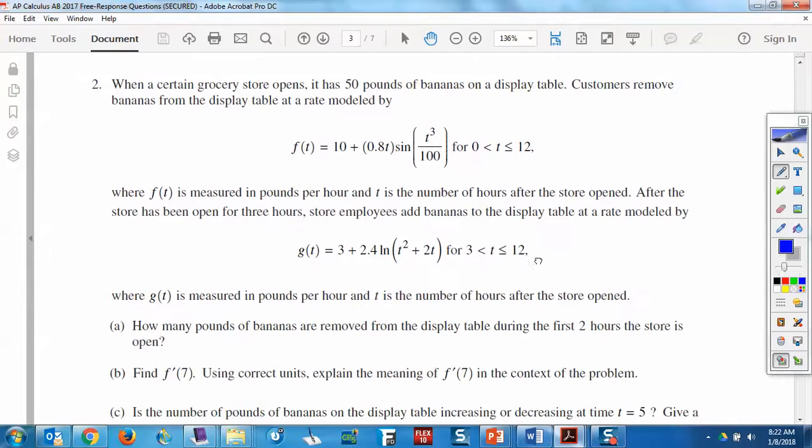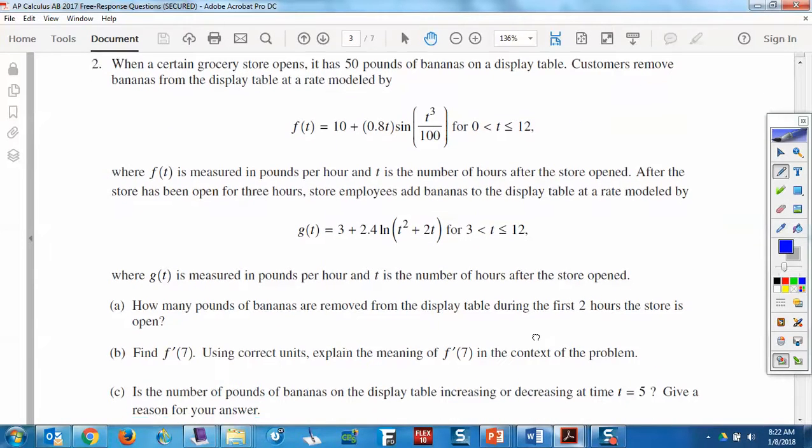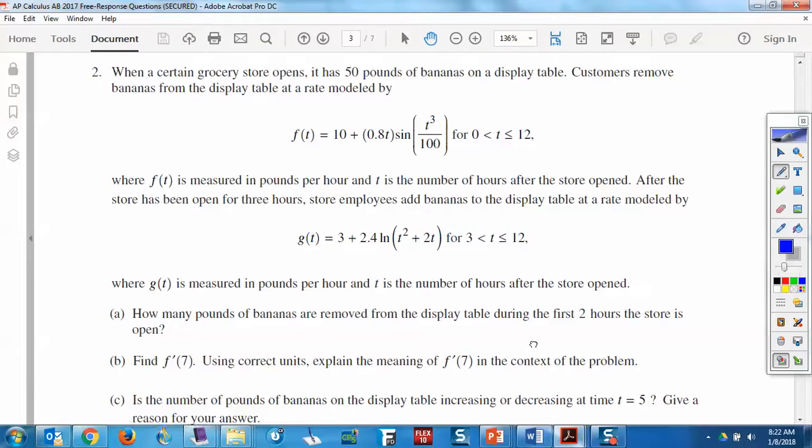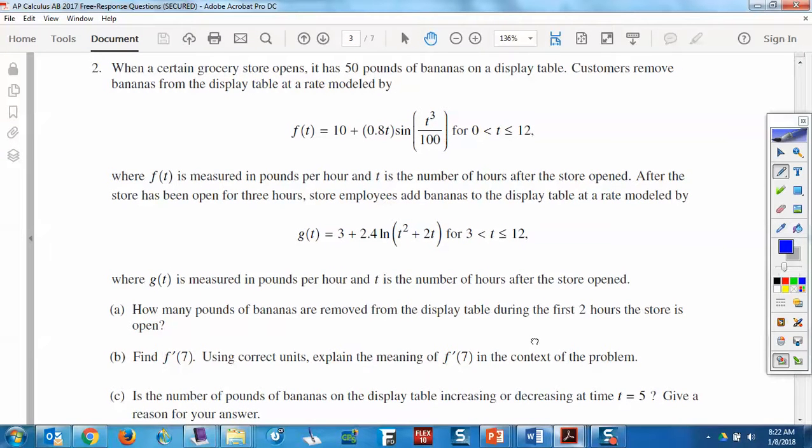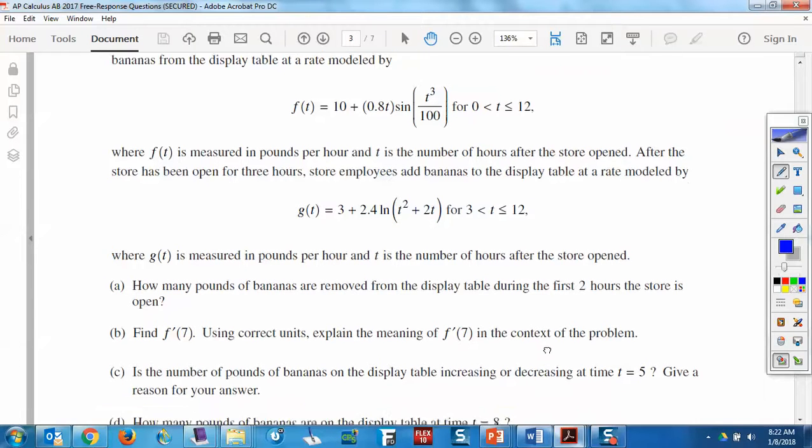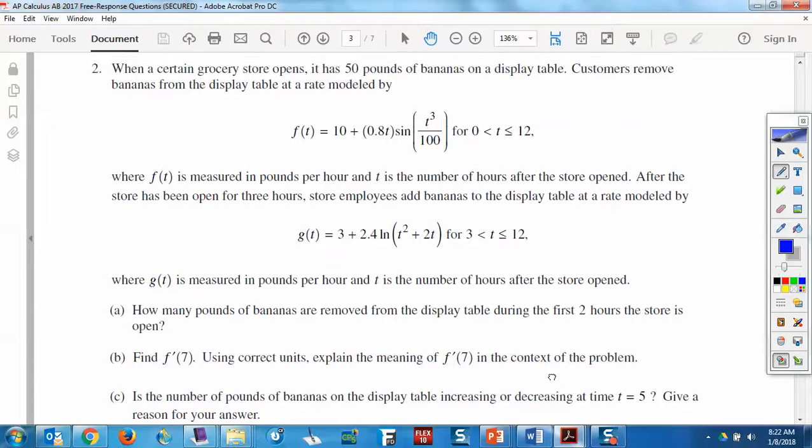And again, you can use a calculator for this part as well. Okay? I know we can do part B. And we can do part C, and that's it.